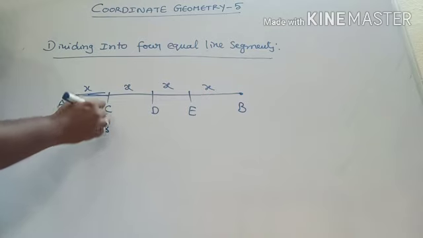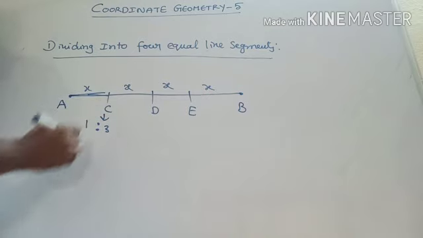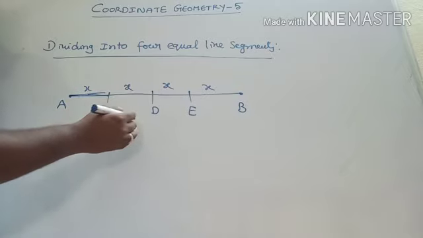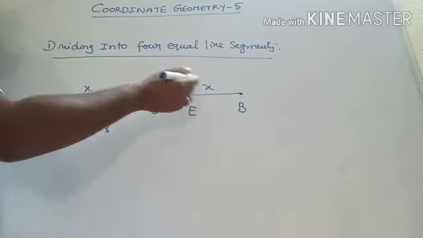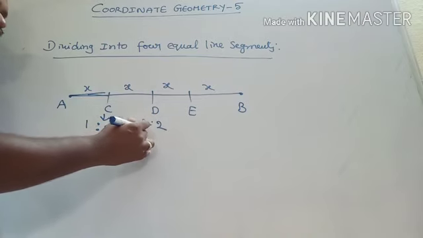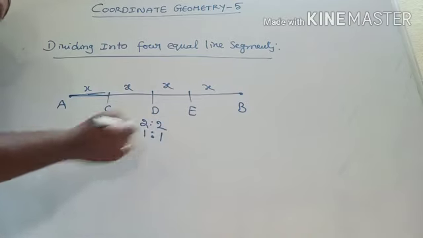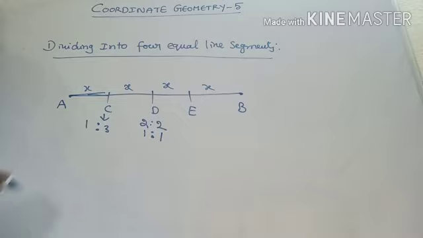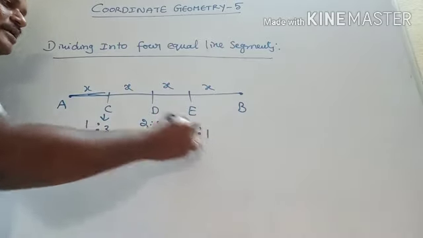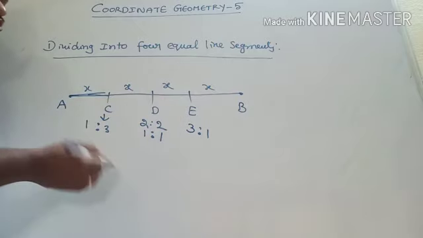C is dividing this in the ratio 1:3, and D is acting as a midpoint. You can observe this is 2x and 2x, both are equal parts, so that means 2:2, which is 1:1 only. Next, E is dividing this into 3x and x, that is 3:1.